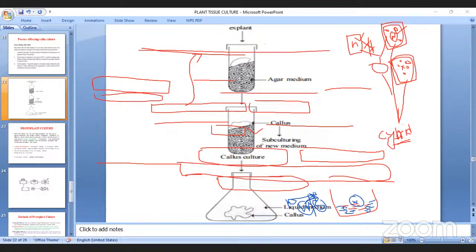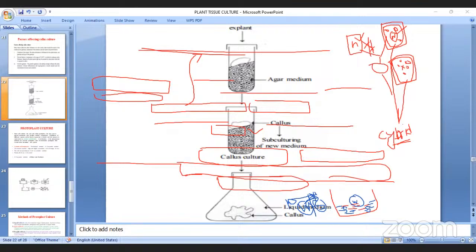Now tell me, does water flow inside or outside? Water moves from low concentration to high concentration.